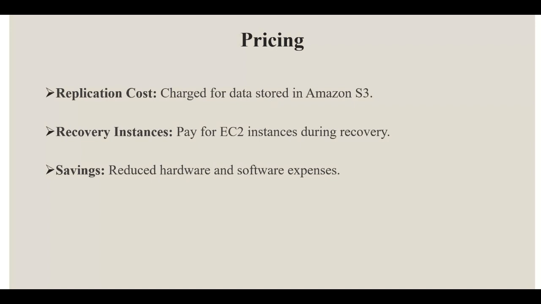The next is recovery instances. You pay for EC2 instances during the recovery. So we create the instances using EC2, and at that time we only pay for the instances we use when we recover our lost data from disasters.